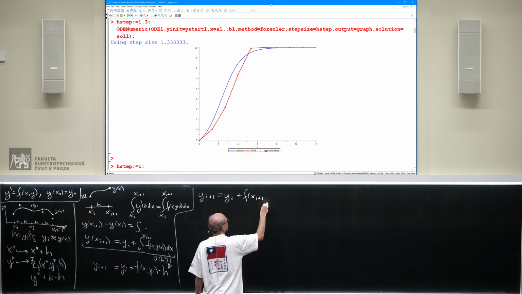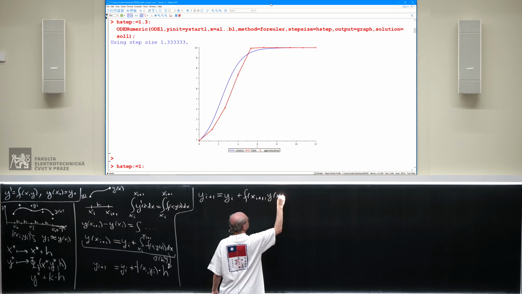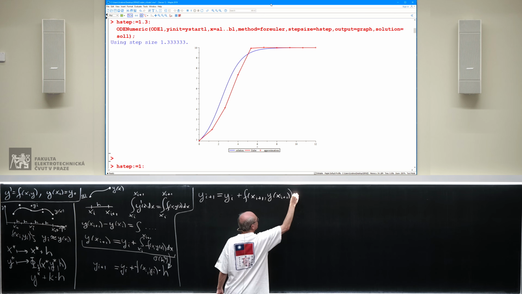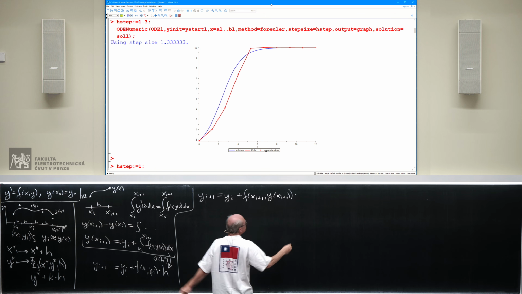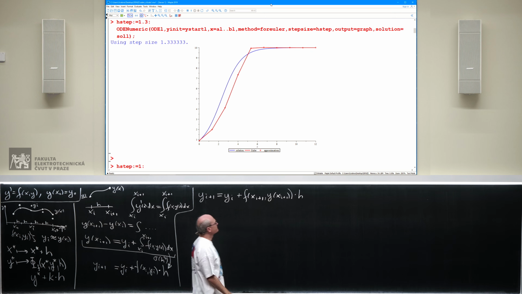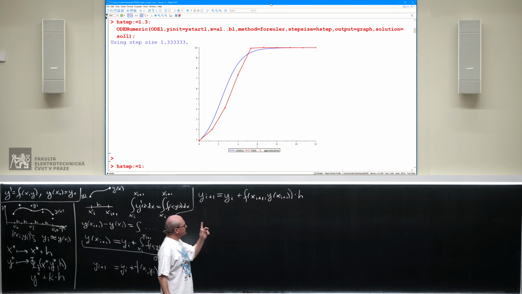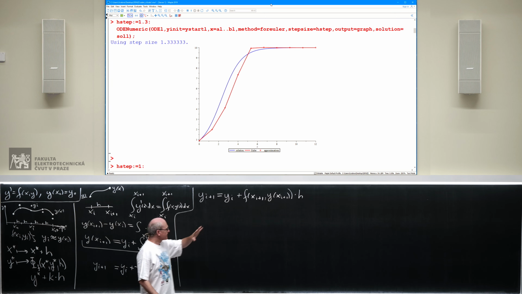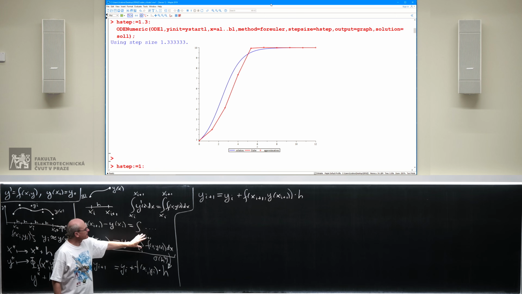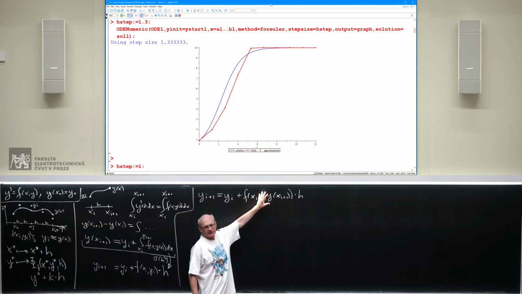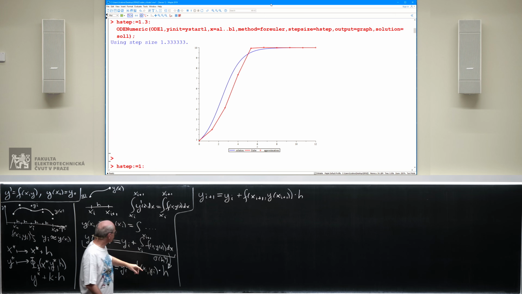So we are substituting x_{i+1}, and then this has to be multiplied by the base of the rectangle. There is a little problem. First of all, we made an error when we are passing from integral to this right rectangle method. And this error is of the order O(h^2).